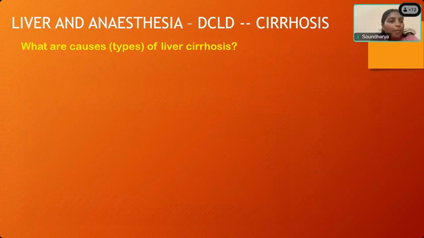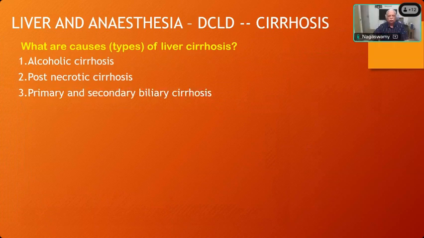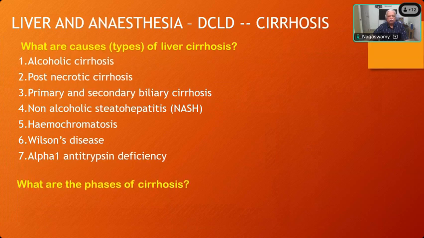Non-alcoholic steatohepatitis, post-necrotic cirrhosis, primary biliary sclerosis and secondary biliary sclerosis, Wilson disease and hemochromatosis, alpha-1 antitrypsin deficiency. So, alcoholic, post-necrotic, primary and secondary biliary, non-alcoholic steatohepatitis, hemochromatosis, Wilson's disease, alpha-1 antitrypsin deficiency.